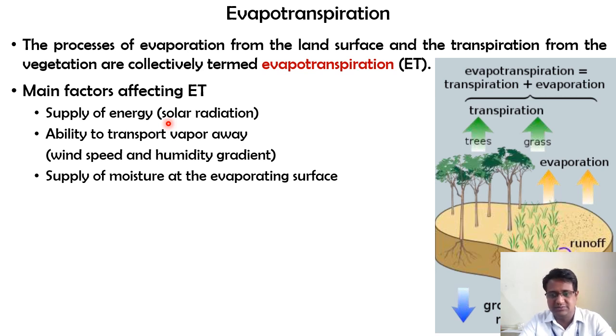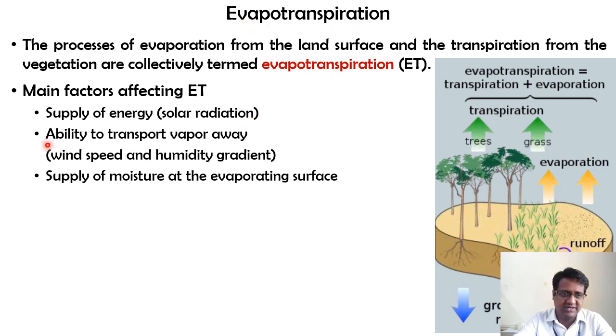Stomata is a part of a leaf from which water gets ejected from the leaves. In turn, that will get evaporated immediately. That itself we call transpiration.